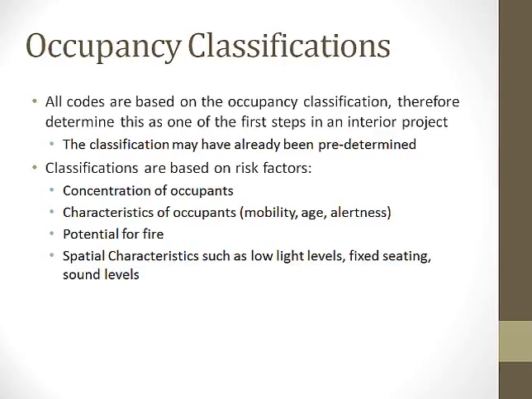So imagine characteristics of users in, let's say, an adult assisted living facility versus a preschool versus a shopping mall. So all of those things are taken into account. Third is the potential for fire. And then 4 would be spatial characteristics, low light, again, nightclub, restaurant, fixed seating, and sound levels.